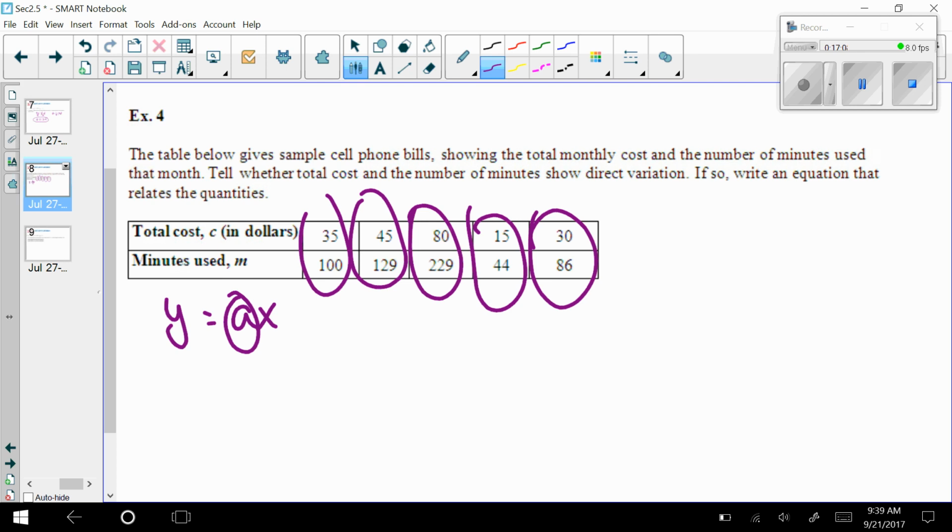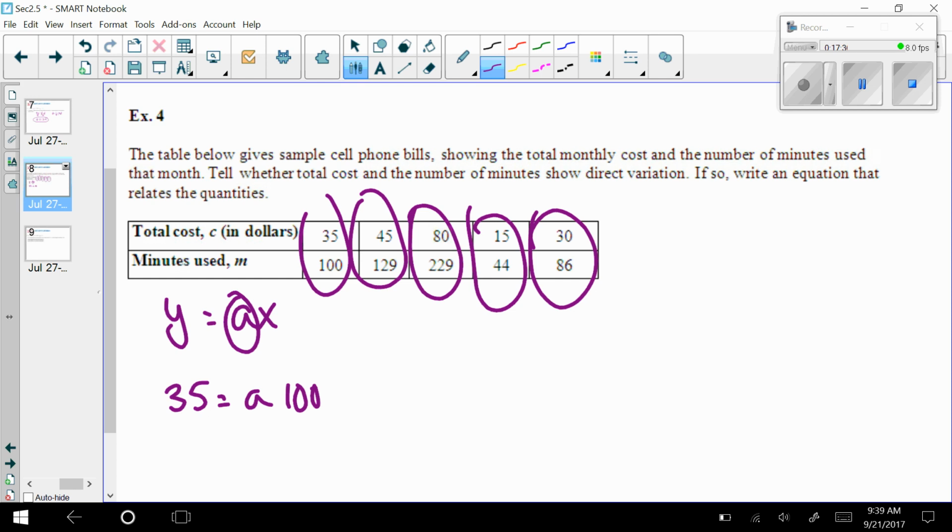So for the first one, I'm going to try to prove that our total cost varies directly with the minutes used. So our total cost is 35, varies directly with the minutes used.